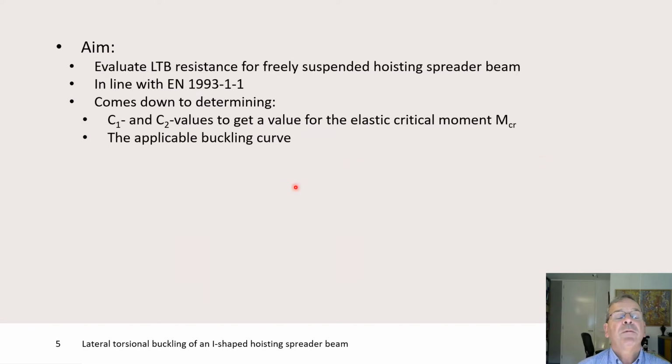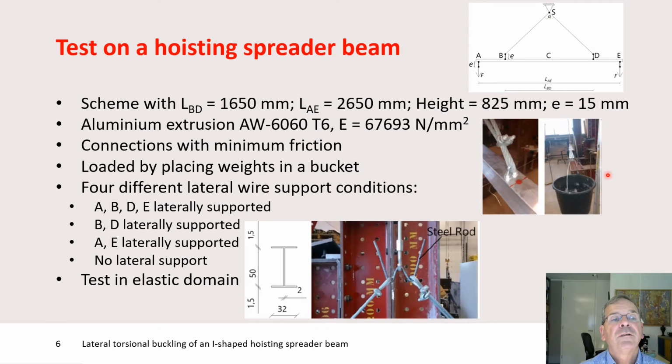Alright, the aim of this research is to evaluate the lateral torsional buckling resistance for a freely suspended hoisting spreader beam in line with the Eurocode, and this comes down to determining the C1 and C2 values for the elastic critical moment and to determining the applicable buckling curve.